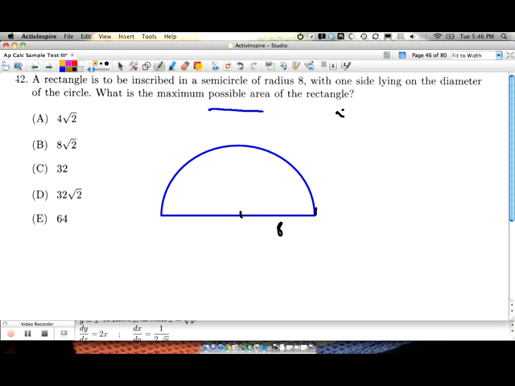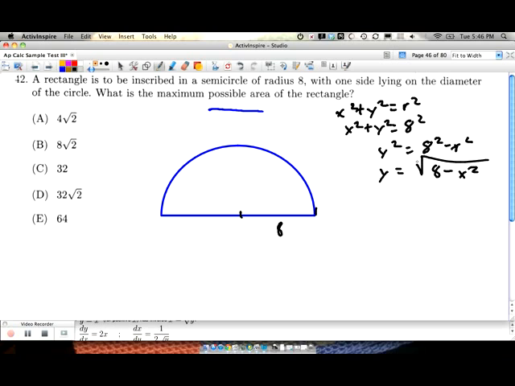And if this is a semicircle, we know that x squared plus y squared equals r squared, x squared plus y squared equals 8 squared, so that y squared equals 8 squared minus x squared. So y equals the square root of 8 squared minus x squared. So that's my function here.